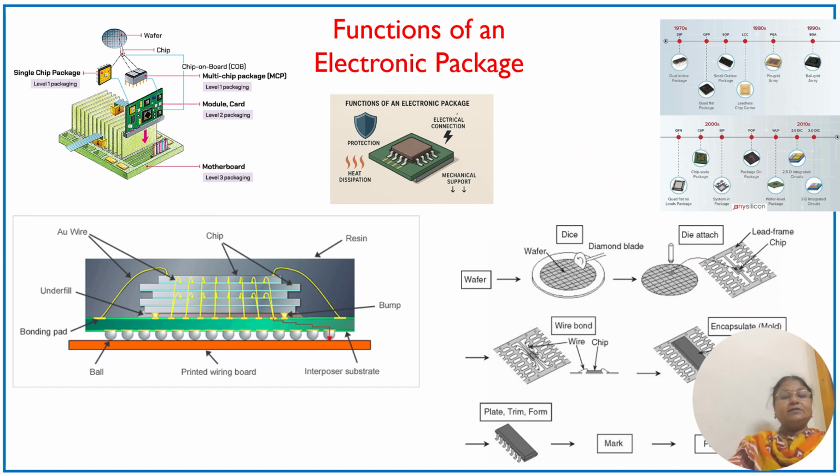Heat dissipation we also need to consider, so some kind of heat sink we need to fix. And protection is done by means of the encapsulation. So these four functionalities have been accomplished by means of the wire bonding principle, and wire bonding is the cheapest type of bonding.